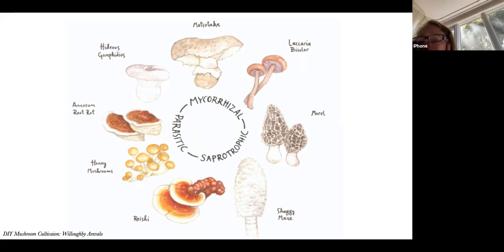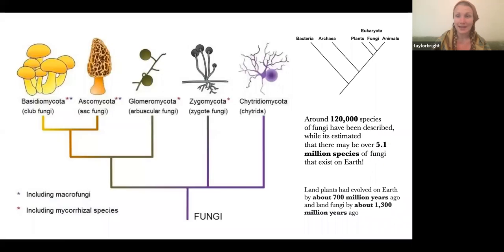So do all fungi at some point have a fruiting body above the surface of the soil? No, they don't. I can go back to this slide. If you look at this tree of fungi, there are 5 main groups of the entire fungal kingdom, and only 2 of those groups actually produce those above ground fruiting bodies.